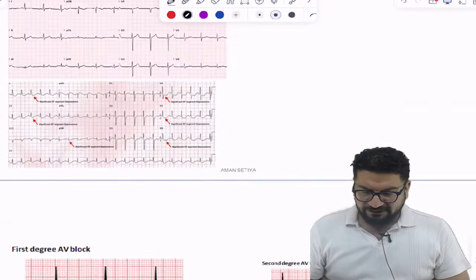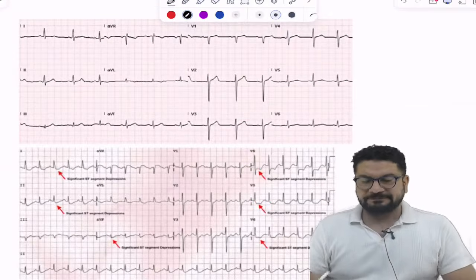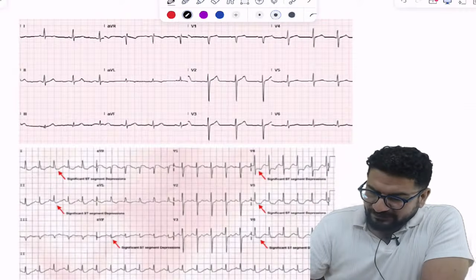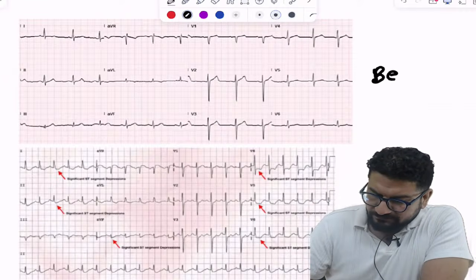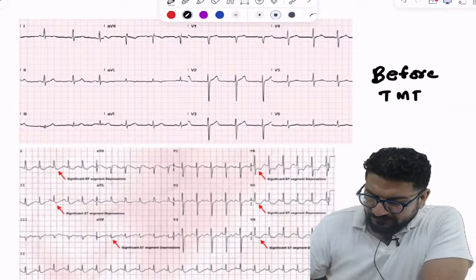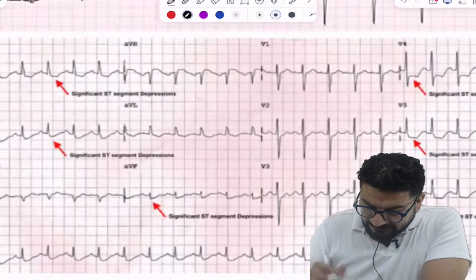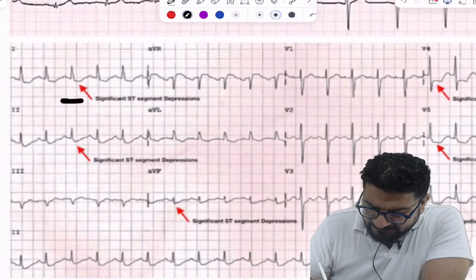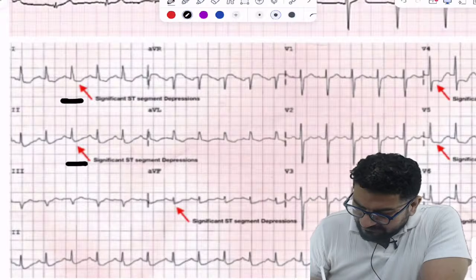Okay, now understand. They ask you about TMT. TMT means treadmill test. In treadmill test, what do we do? First, this is a patient before TMT, and when you see the same patient after TMT, you can notice ST depression. You can see depression in lead 1, lead 2, lead 3.